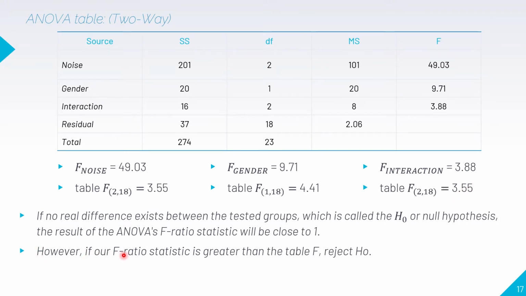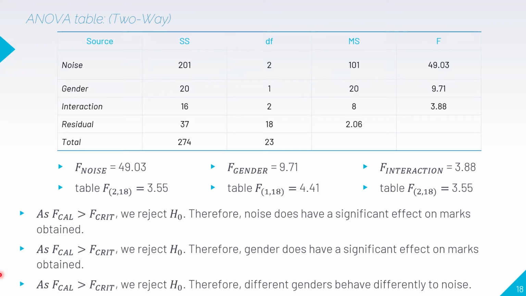If our F ratio statistic is greater than the table F, we reject our null hypothesis. As our F cal for noise is greater than our F critical, we reject our null hypothesis. Therefore, noise does have a significant effect on marks obtained. Next, we have our gender.